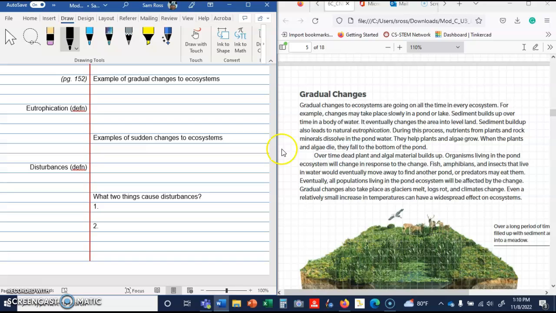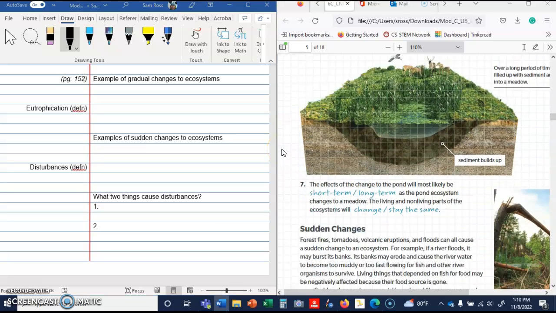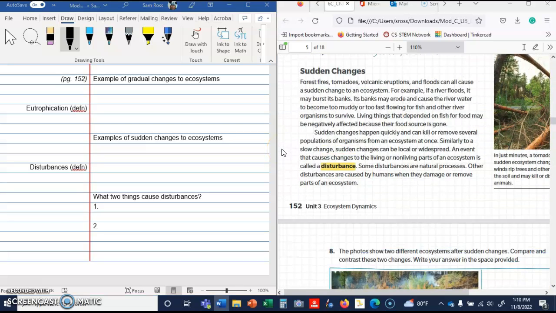Examples of sudden changes to ecosystems: forest fires, tornadoes, volcanic eruptions, and floods. And the definition of disturbance is an event that causes changes to the living or non-living parts of an ecosystem.